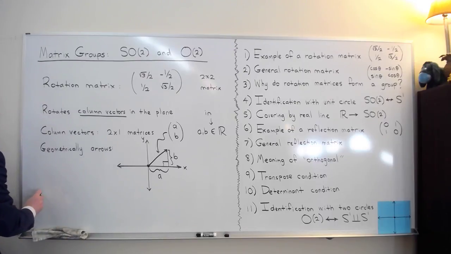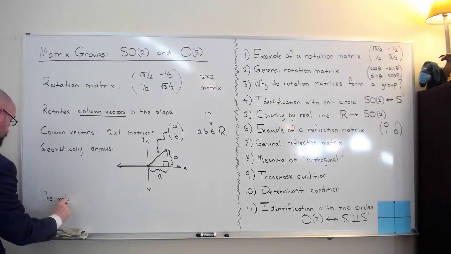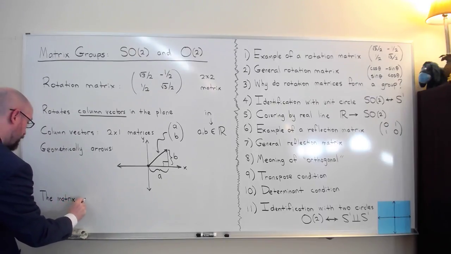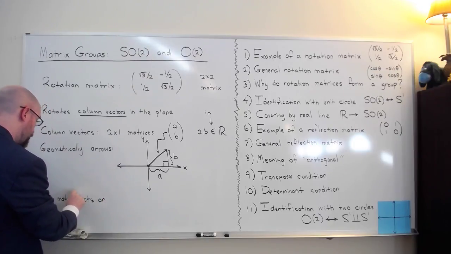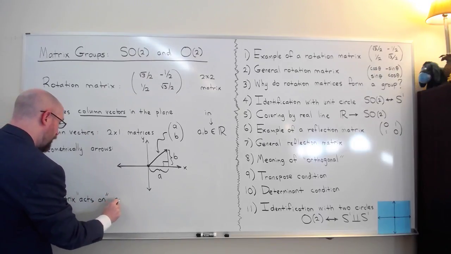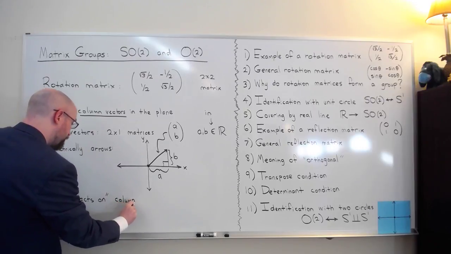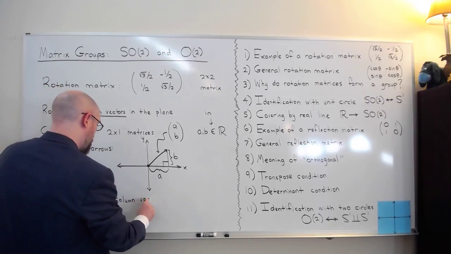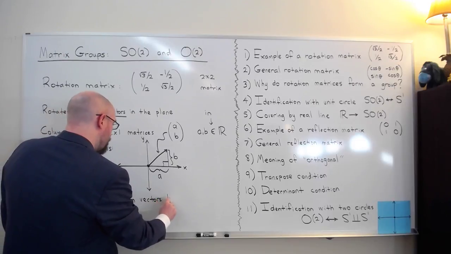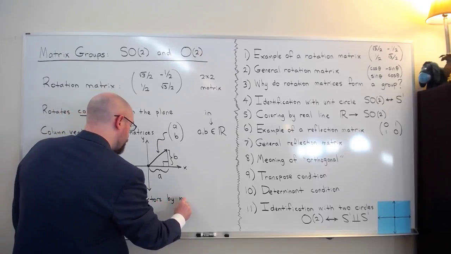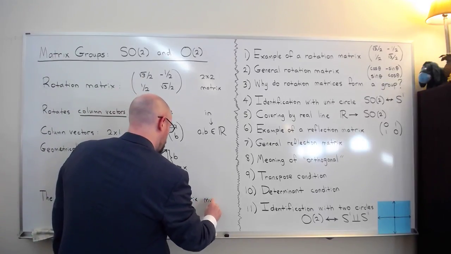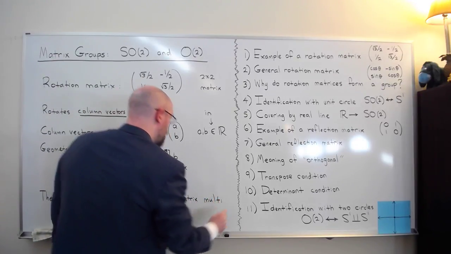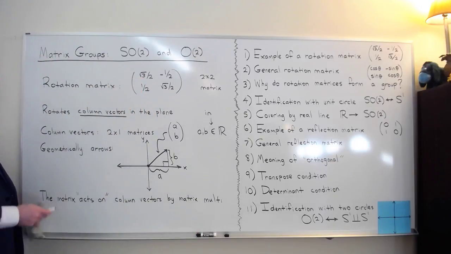So we'll say that the matrix, and that's this matrix here, acts on column vectors by matrix multiplication. I'll just write mult there, it means multiplication.